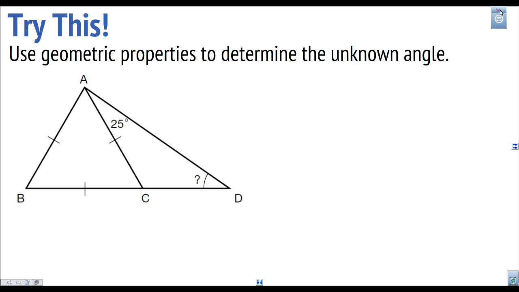All right, I'm going to assume you paused. So let's find out some information about this triangle. So remember, this is an equilateral triangle, so that means that every angle inside it is 60 degrees. Okay, that's good to know. Now, that'll help us because over here is a straight angle, right?